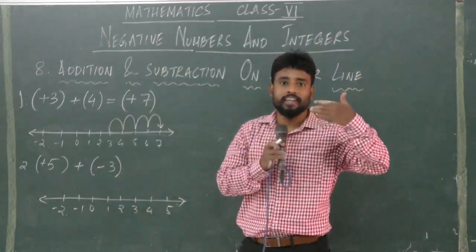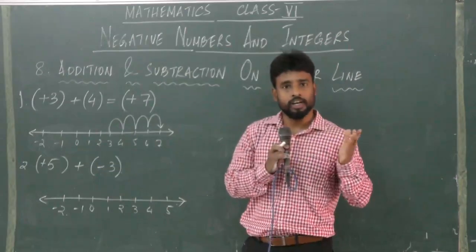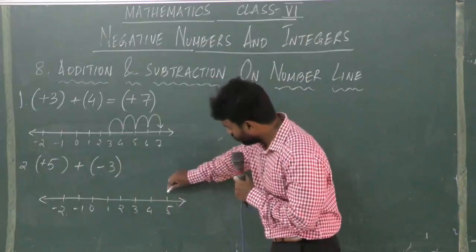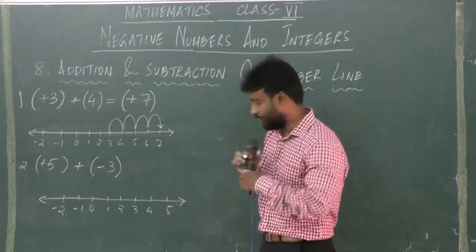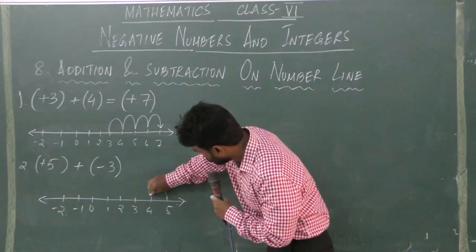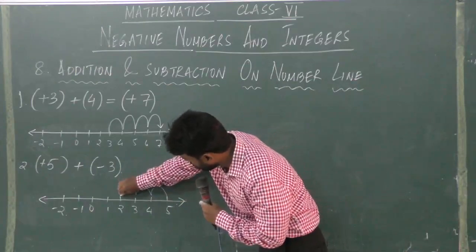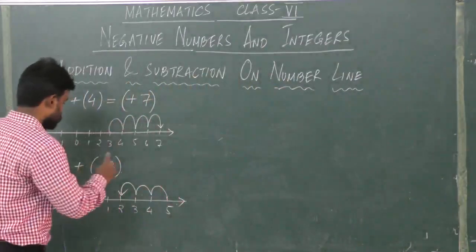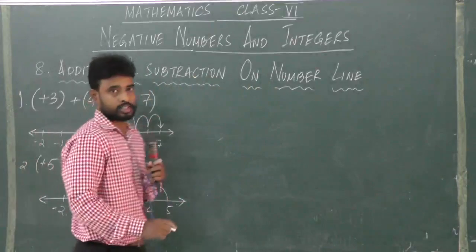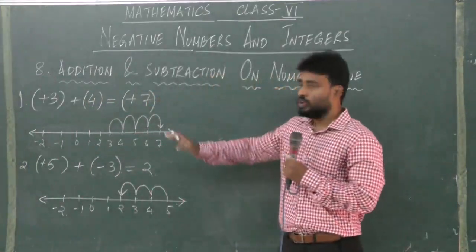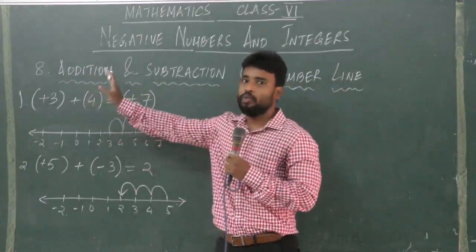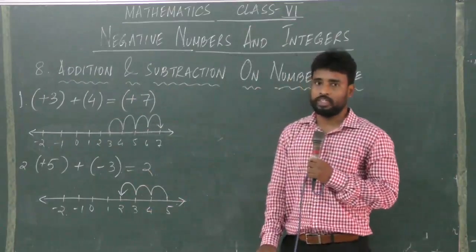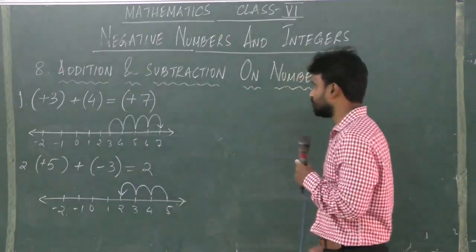So when we want to add a negative number, what we do is, we move to the left. So we'll start from 5, and here we have 3. So from 5, we'll move 3 places to the left. When we move 3 places to the left, we get 2 as the answer. So when we add a positive number, we need to move to the right, and when we add a negative number, we move to the left. Now let us come to subtraction.